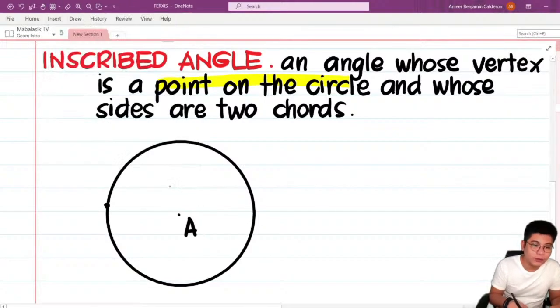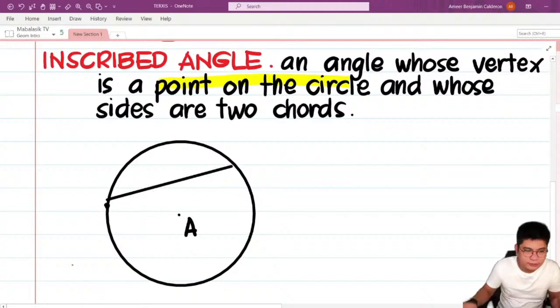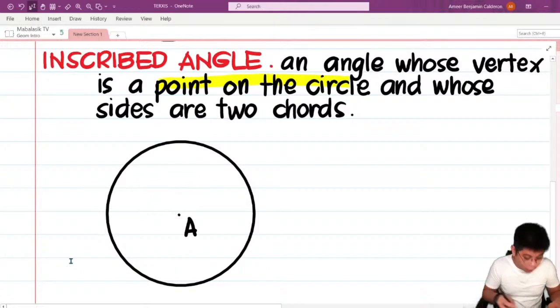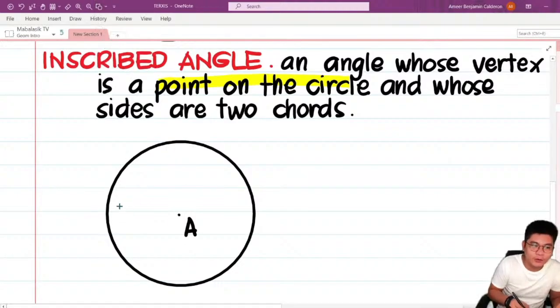So we will draw two segments. So this is our first segment. For example, teka ha, draw muna ako ng dalawang segment bago ako mag-drawing ng point kasi hindi nakikisama eh. So, for example, yan.